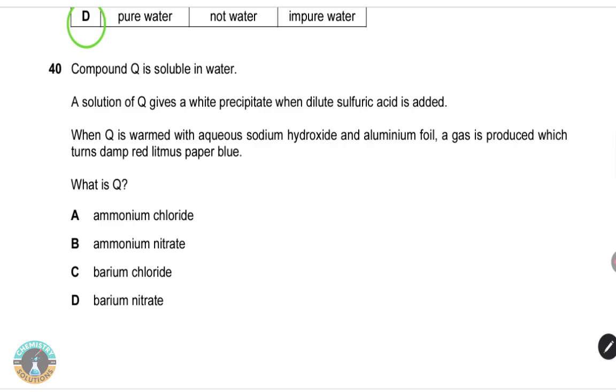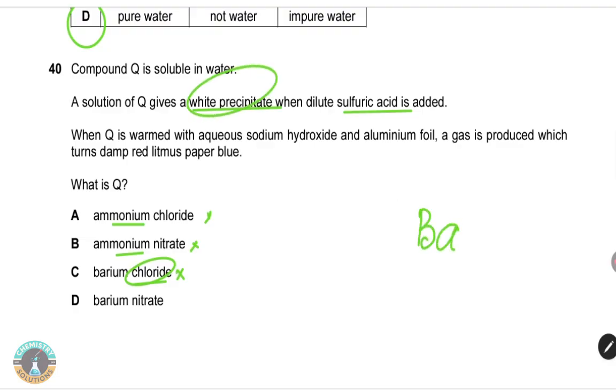When Q gives a solution, Q gives a white precipitate. Barium can give us a white precipitate as barium sulfate when dilute sulfuric acid reacts. Barium chloride cannot be the answer. Why? Because an insoluble salt is formed by the reaction of soluble salts when we are talking about precipitates.